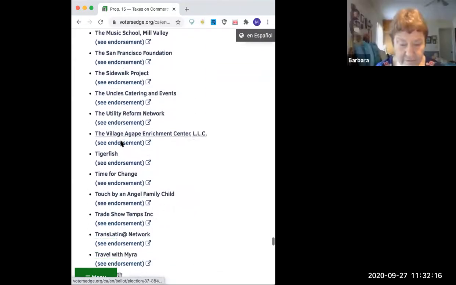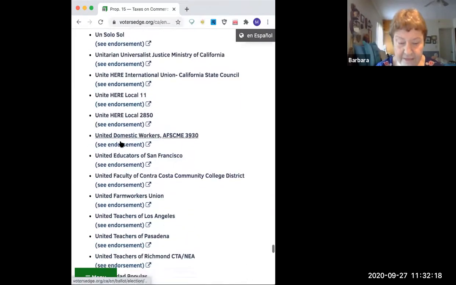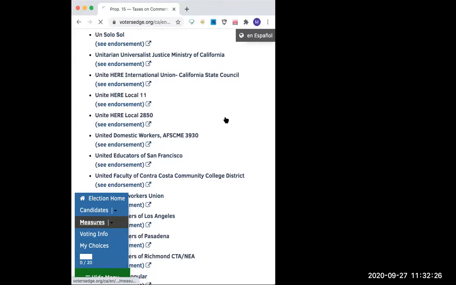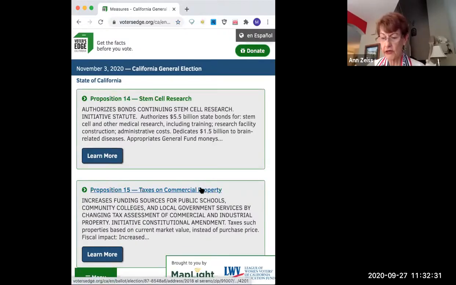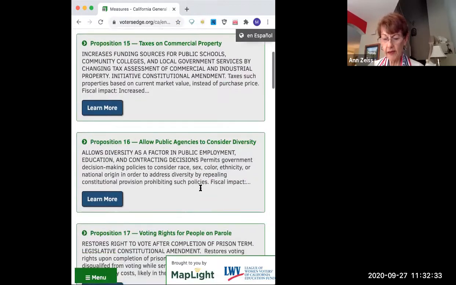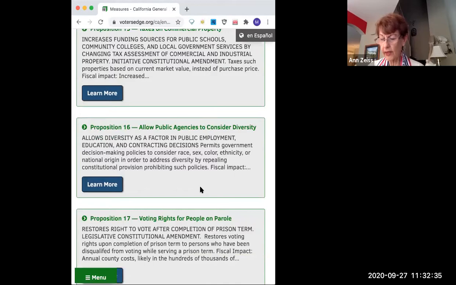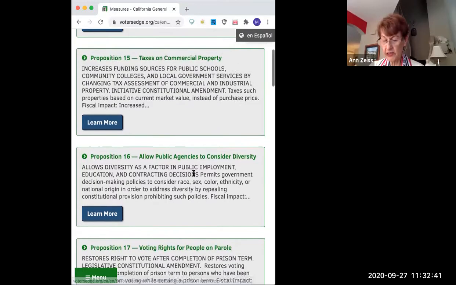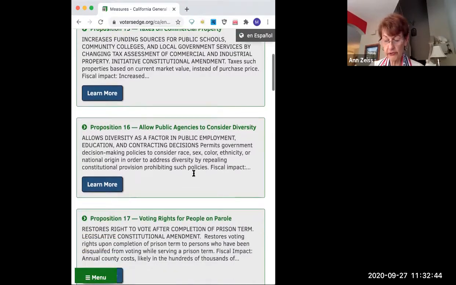And we are moving to Ann Zeiss on number 17. Proposition 17 is also a legislative constitutional amendment. A 2/3 vote is required. The question is, should people on parole in California be allowed to vote in elections? People in county jails or under county supervision are allowed to vote.